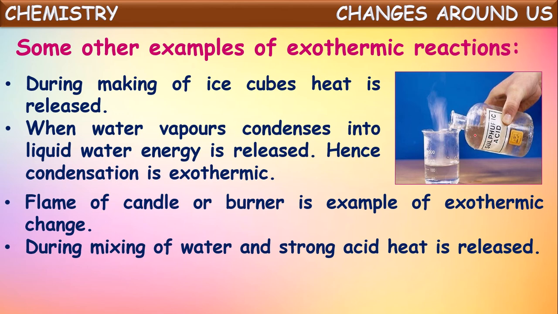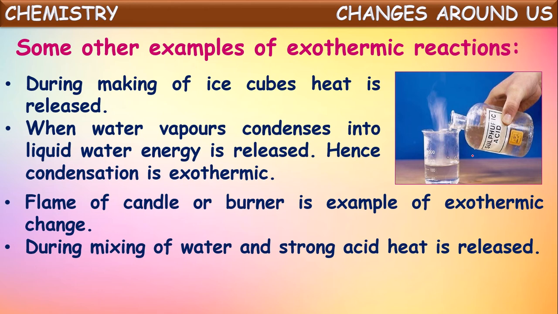This addition of concentrated acid to a large quantity of water is generally called dilution of acid. In dilution of acids, a small quantity of acid is added to water drop by drop and stirred continuously. There it releases heat energy. So it comes under exothermic change.